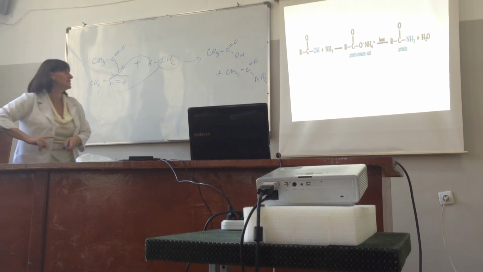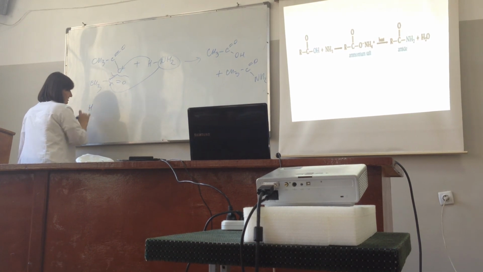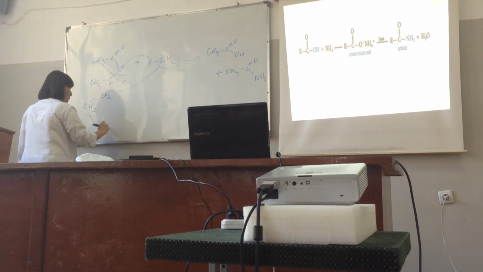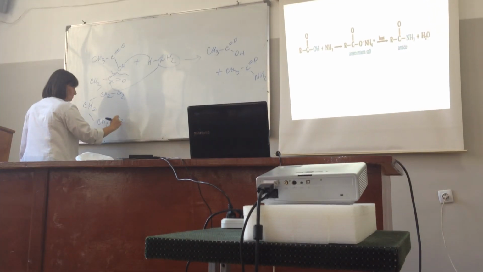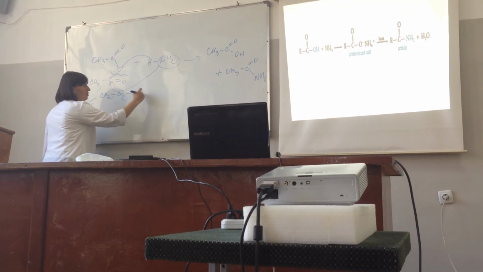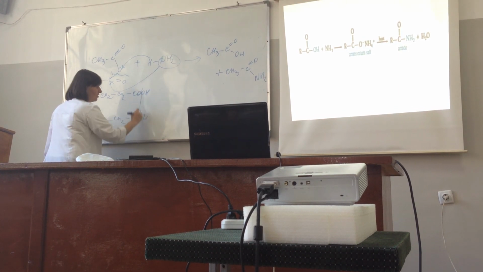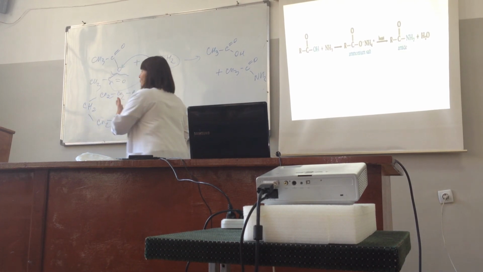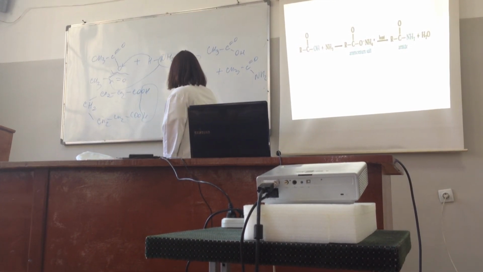Now, look, if you have something like this, CH2, CH2, CH2, CH2, CH2, and here you have COOH, COOH, then by removing a water molecule, you get here a cyclic anhydride.